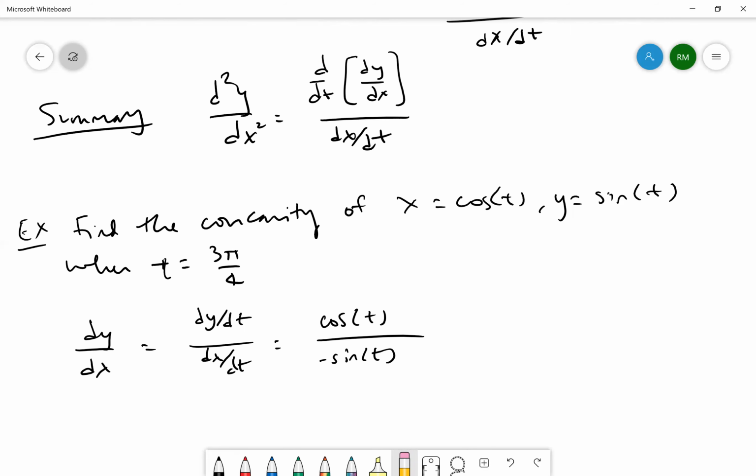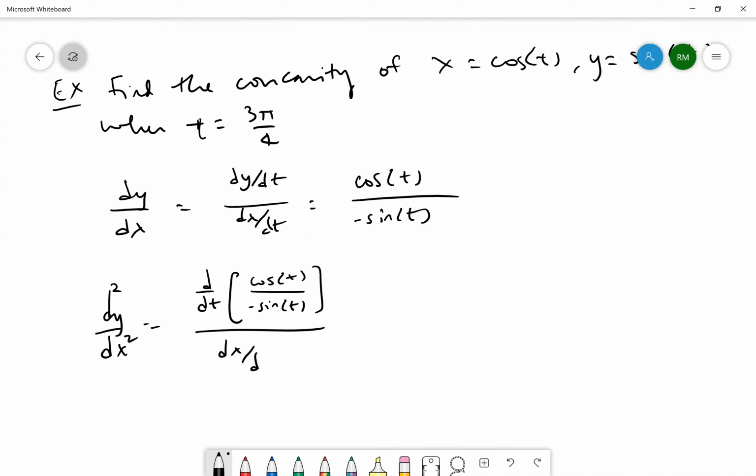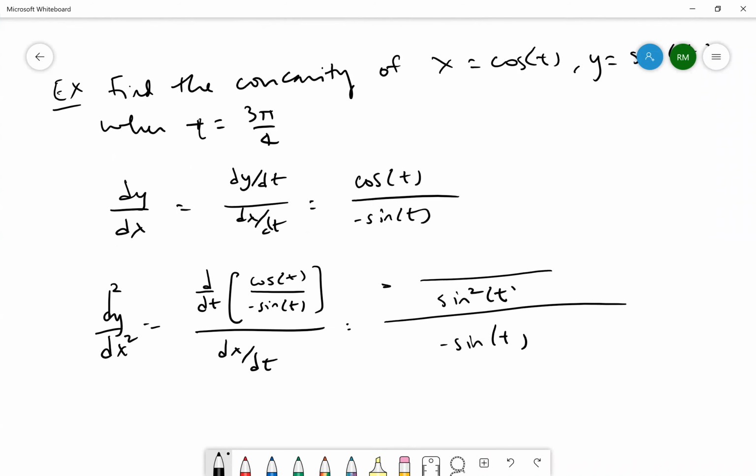So now how do we find the second derivative? Well, the second derivative is obtained by taking the derivative of dy dx over dx dt. We already know that dx dt is minus sine of t. So here we have sine squared of t.